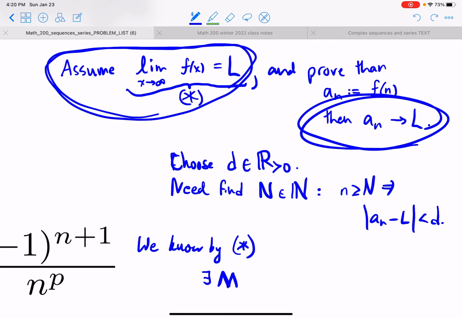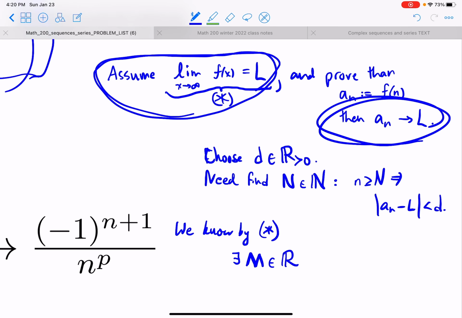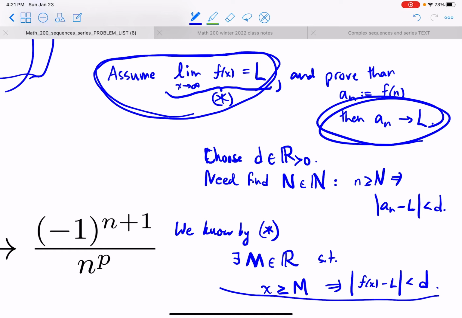There exists m, a real number, such that the real number x past m implies f of x is D close to L. That is what we know by assuming star and the fact that I know what these symbols mean. And I'm quick with them, it's fast for me. I've really absorbed what these symbols mean and their precise definition.